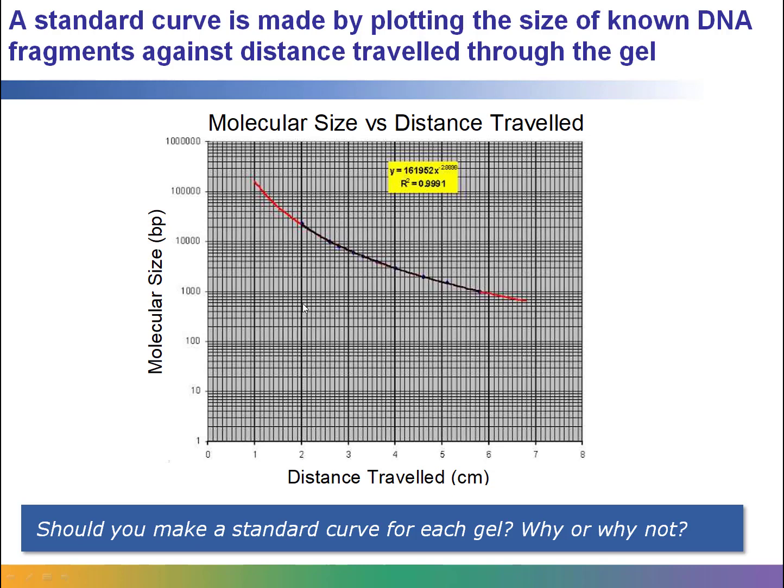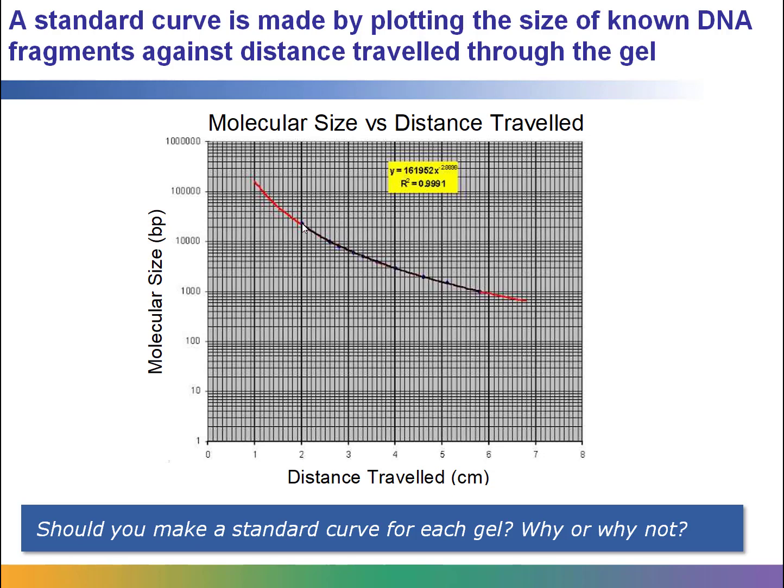I'm going to go all the way up, and where it crosses the line is going to tell you roughly, it's an estimate, how big a piece of DNA you have. So this is 10,000 at this line, so this would be 11,000. So maybe 11,500 is how many base pairs long that piece of DNA is. So the standard curve is really important because it allows you to estimate the sizes of the other pieces of DNA.